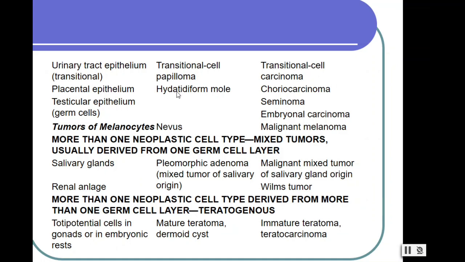Placenta, hydatidiform mole, benign. Choriocarcinoma, malignant. Sa testicle, sa mga lalaki, wala silang benign, seminoma is malignant. So this is an exemption. Embryonal carcinoma sa mga germ cell. Nevus or mole sa skin, benign yun, hindi yun cancer. Pero pag eto naging cancer, malignant melanoma.